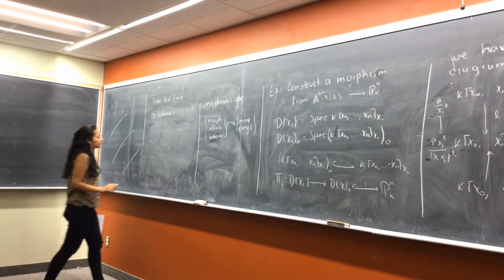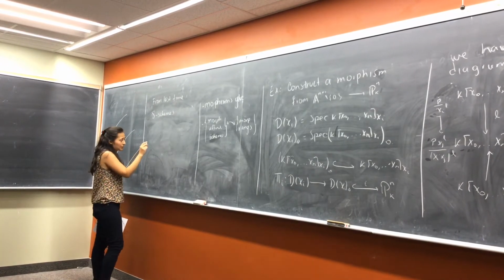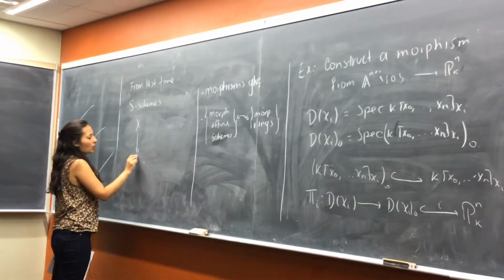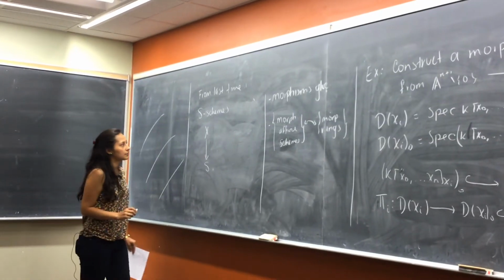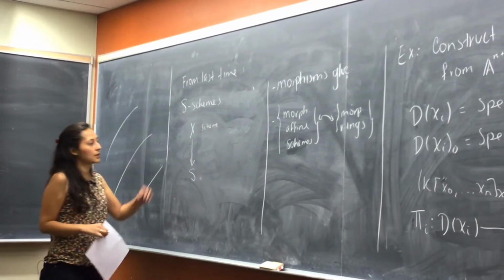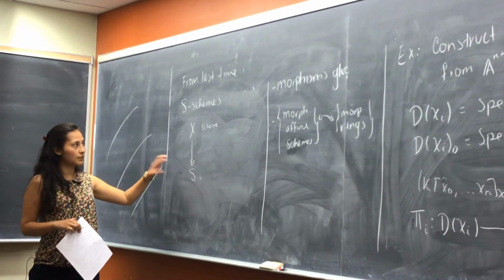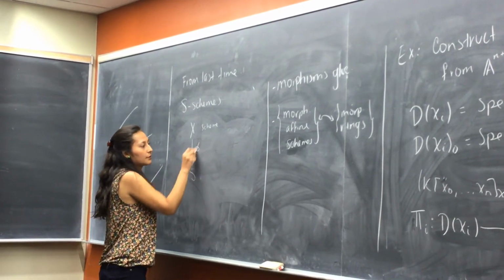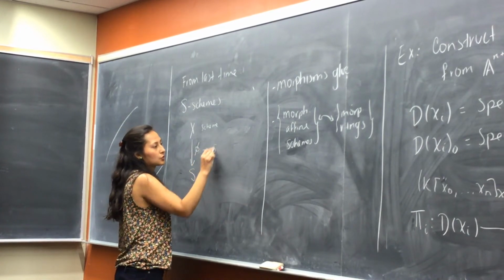And we saw that this is a category in which the elements are schemes X that come with a morphism to S, a morphism of schemes, and we will call this morphism the structure morphism.